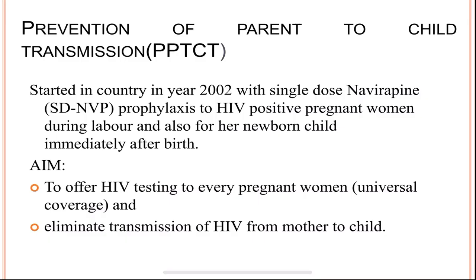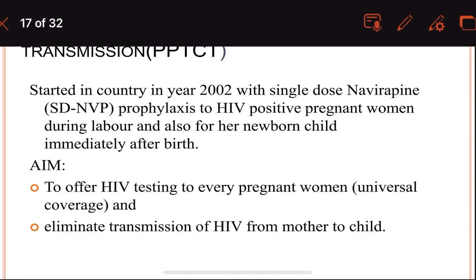Prevention of parent to child transmission. As I said earlier, we'll be discussing about it. It started in the country in the year 2002 with a single dose of Nevirapine, SDNVP, prophylaxis to HIV positive pregnant women.